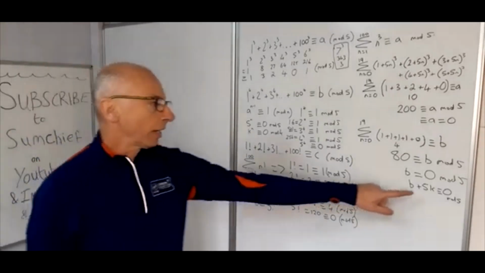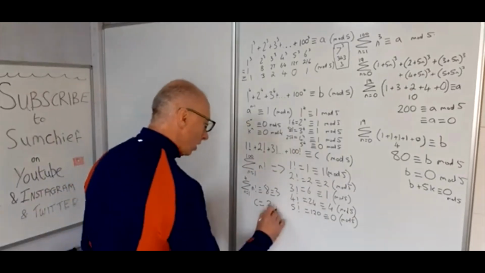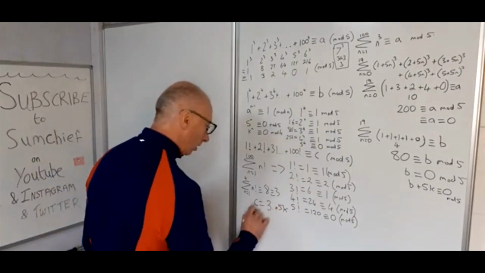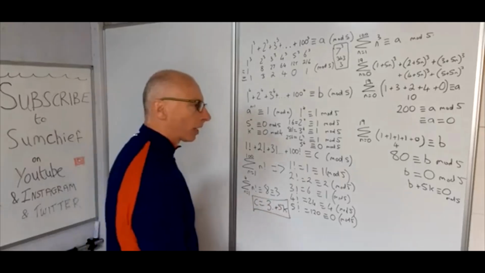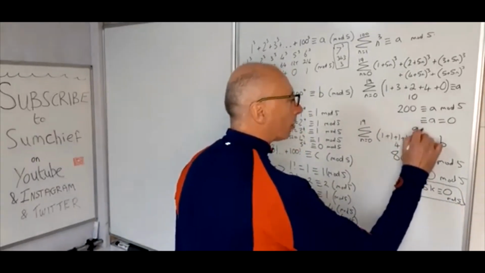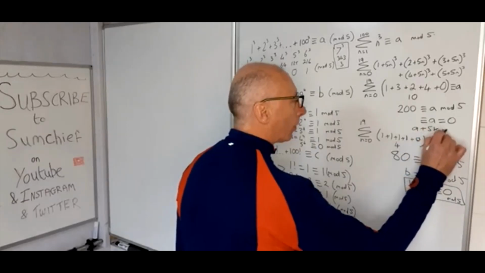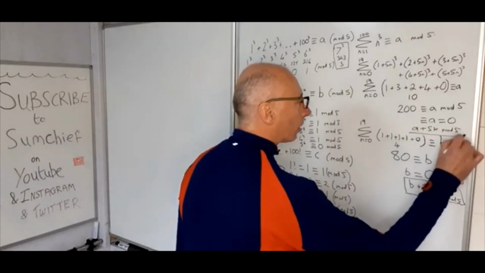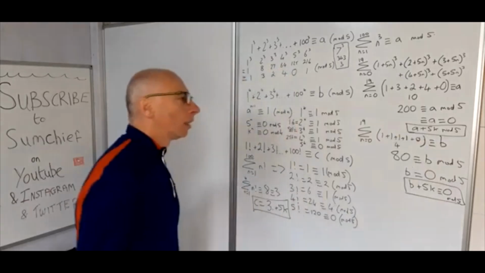And just to give us all our answers again, we can put 3 plus 5k. So that's all of our answers here. And then a plus 5k mod 5. Okay.